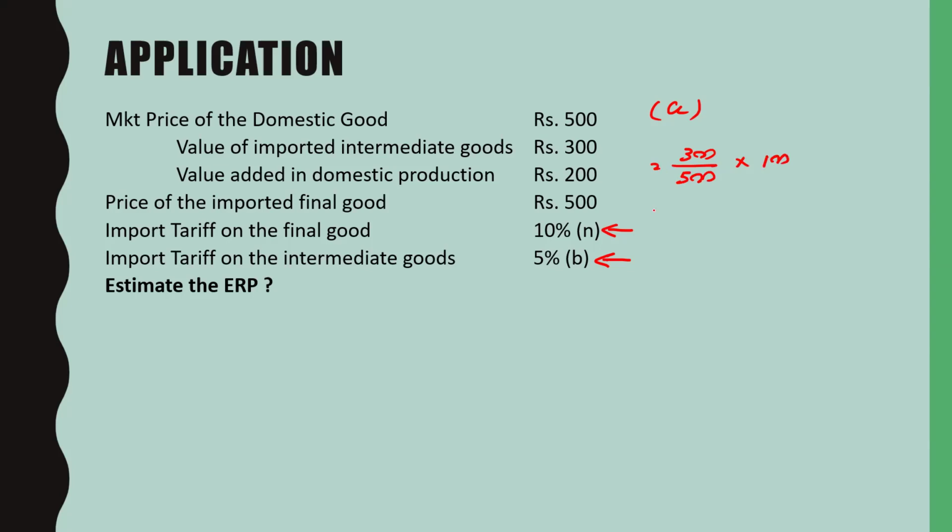How much do we get here? Actually, it's easy if we take it in fractional terms. 60%. Yeah, very good. Very simple calculation, right? 60%, because 20% is 100, so 300 means 20 into 3, 60. 60%.